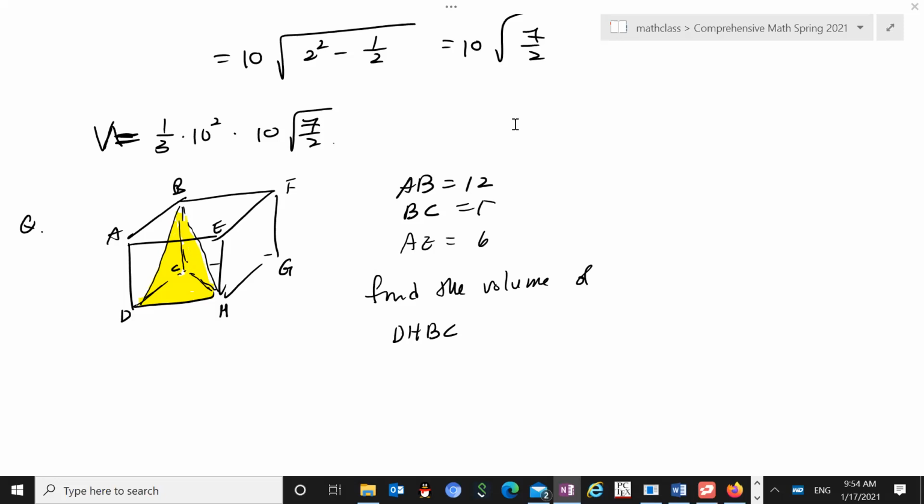Look at this. This is a cone-like solid. In order to find the volume, all you need to do is find the base area and find the height.